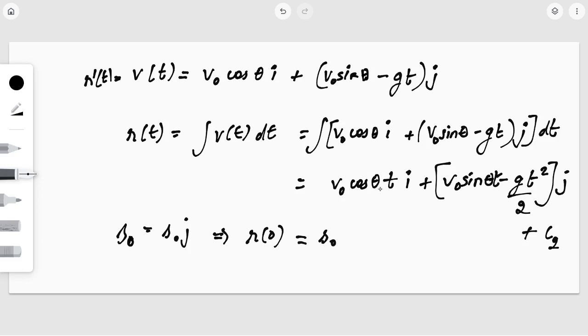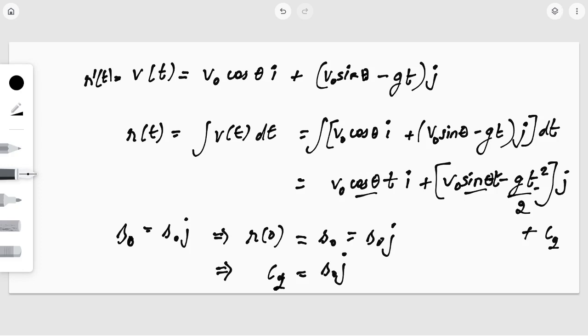This term reduces to 0, this term reduces to 0, this term reduces to 0, we are left only with c2. So s dot is nothing other than s dot j. We get c2 will be s dot j.